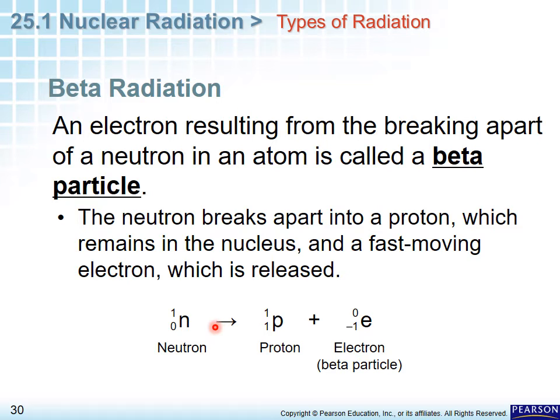When it releases one electron, the beta particle, what will happen here? A proton is going to be formed and an electron is going to be produced. So the neutron breaks apart into a proton which remains in the nucleus, and a fast moving electron which is released.